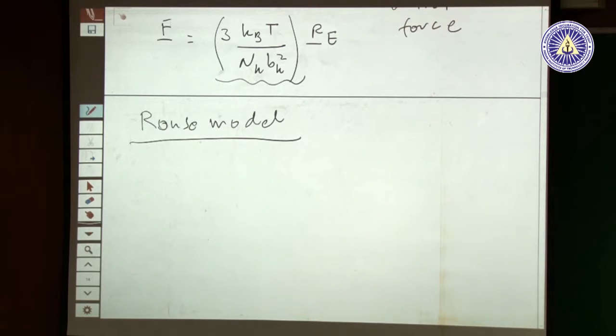Each bead is connected to the other with a spring, and the spring is Hookean, and it represents the fact that there is resistance to stretching if I try to stretch any two segments in the chain. Okay. So, that is the foundation of the Rouse model.